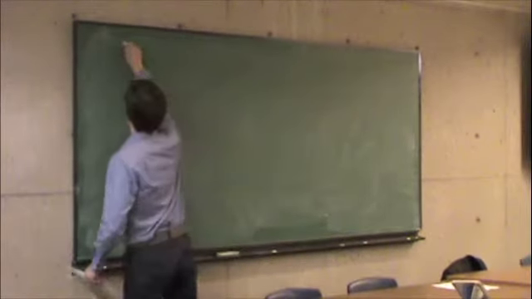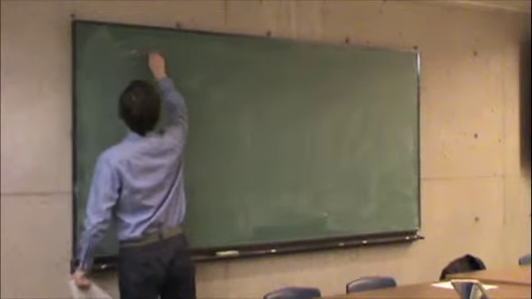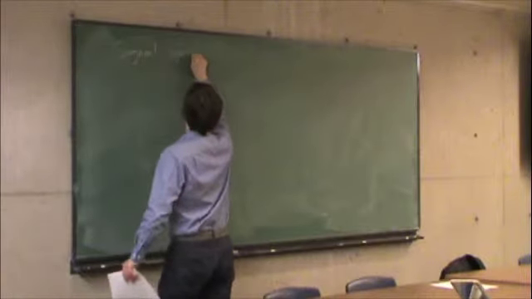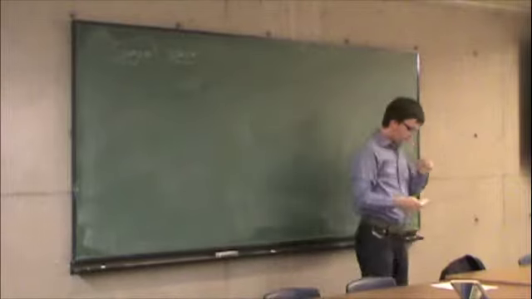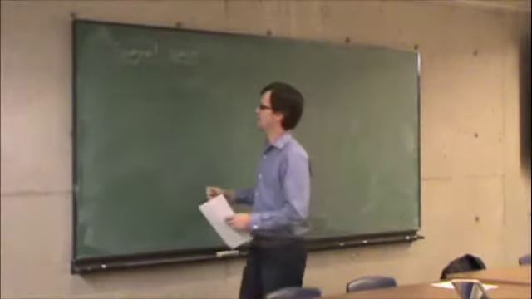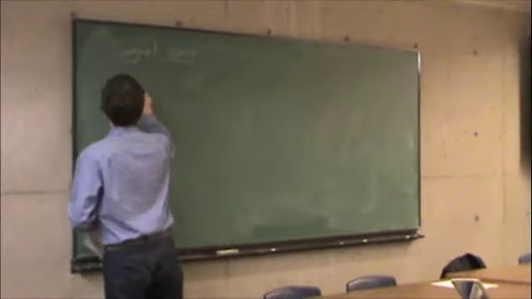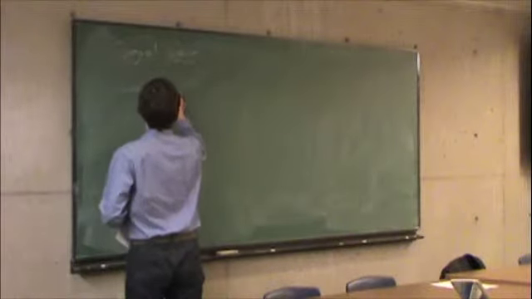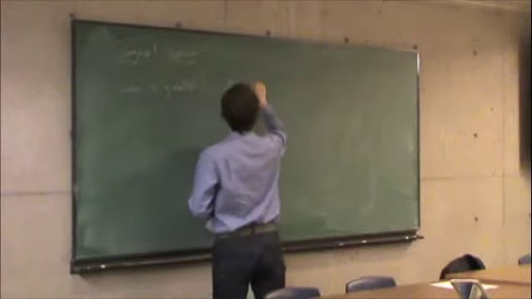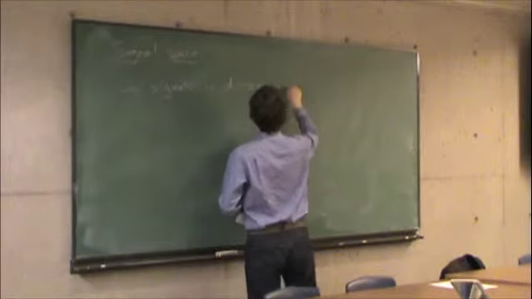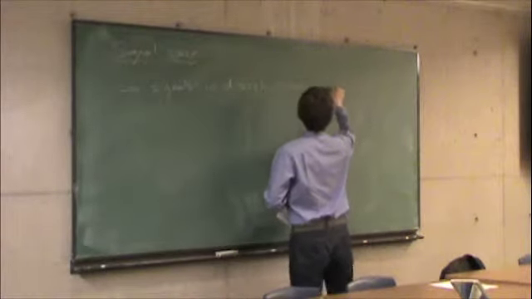So, signal space, and a quick review. The basic idea is that signals in discrete time are vectors.